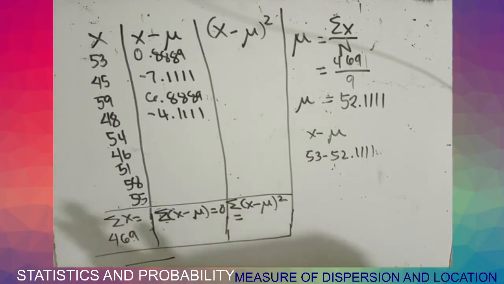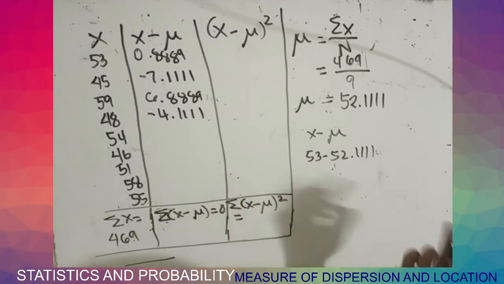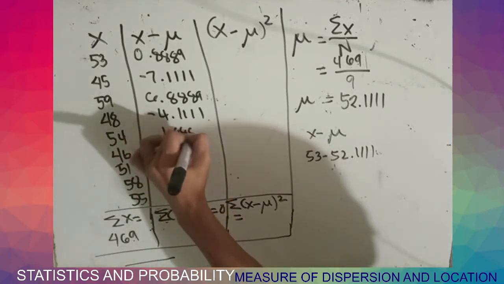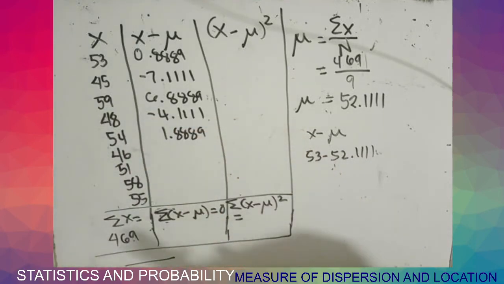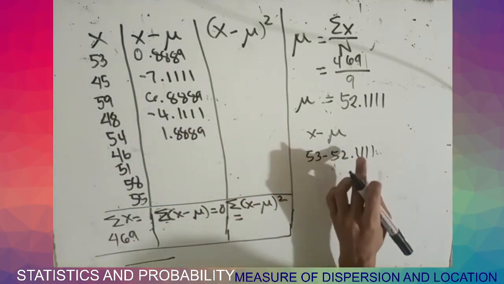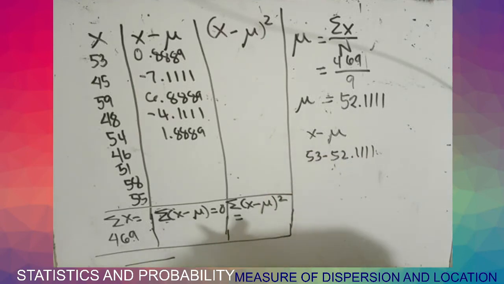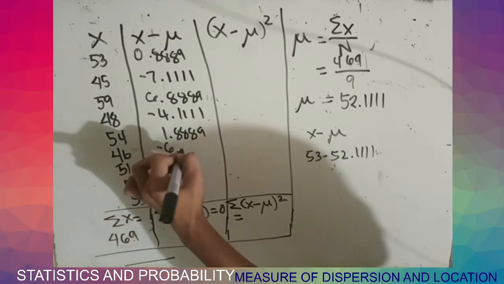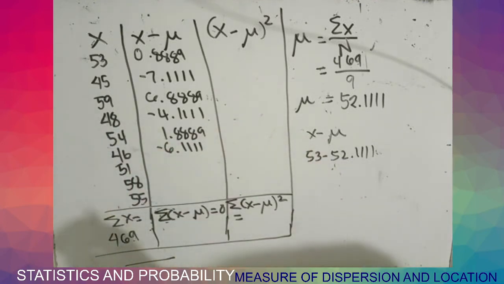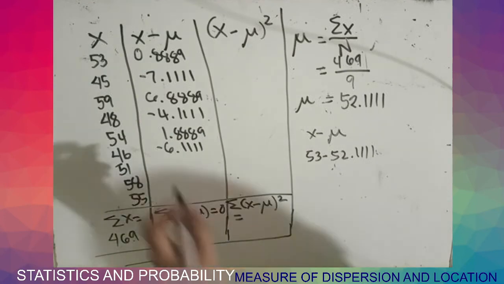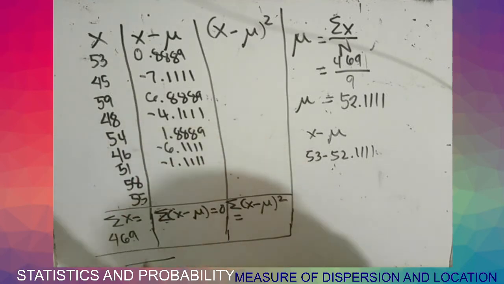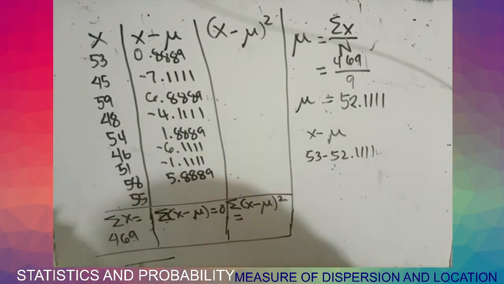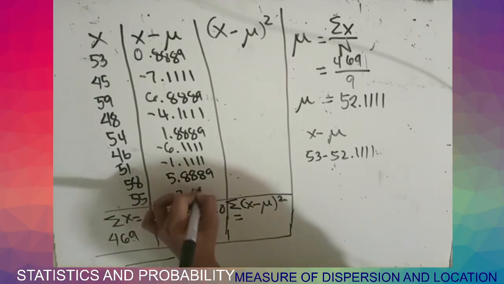Next, 54 minus 52.4444. So, ang sagot natin ay 1.5556. So, 46 minus 52.4444. So, ang sagot ay negative 6.4444. Sunod ay negative 1.4444. Sunod ay 5.5556. Then the last is 2.5556.